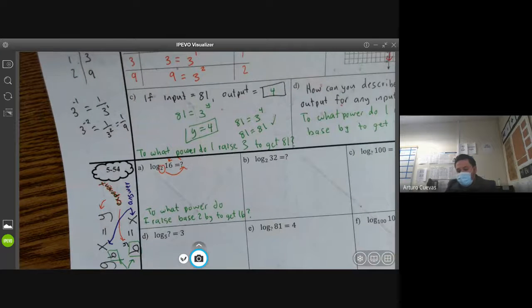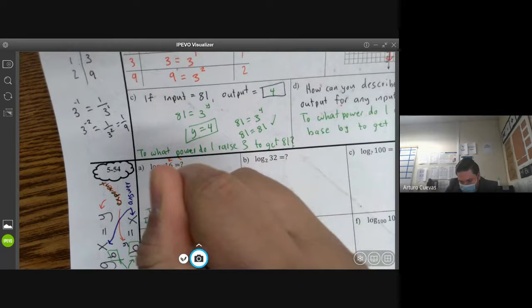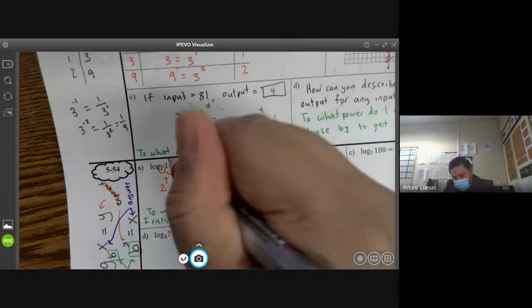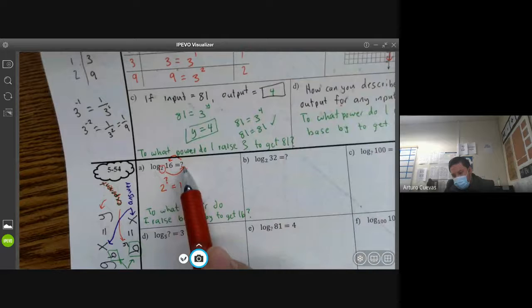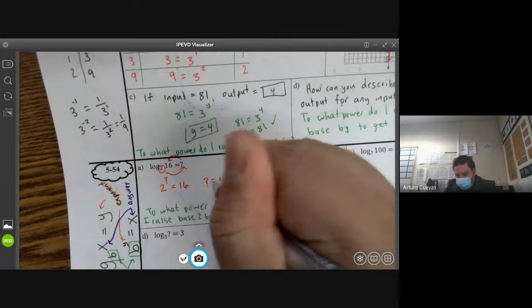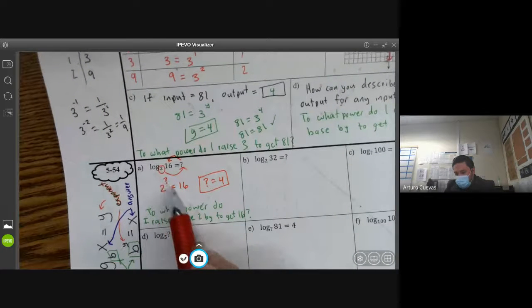Let's write that down. 2 to the power of question mark gives you 16. That makes sense? And what is question mark equal to? 4. Because 2 to the 4th power gives you 16.